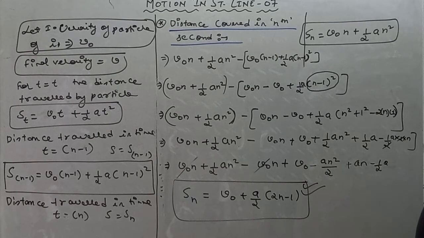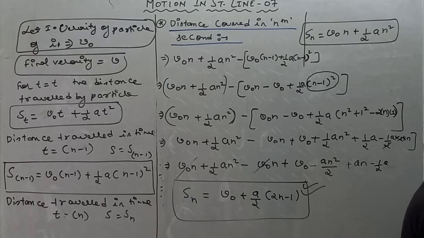I hope you all understand how we'll get this formula, my dear student. If not, then just stop the video and try to solve by your own. Then only you'll understand how we'll get this formula. This formula is nothing typical, it is nothing but a logical derivation.